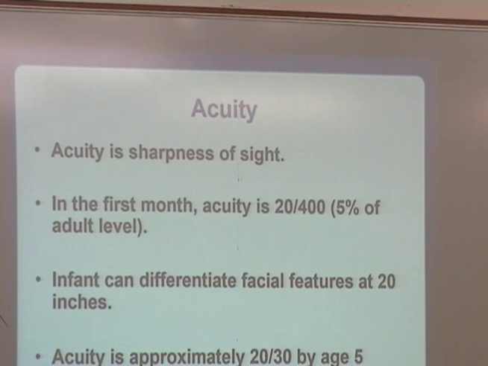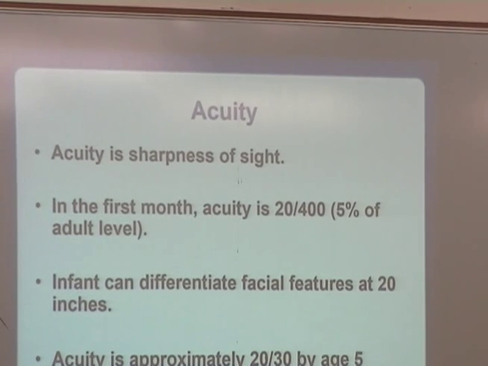One of them is static acuity, one of them is dynamic. So static acuity is if I'm looking at an object that is stationary, how well do I see the detail in that object? Dynamic acuity is how well do I see detail in an object that is moving. All right, what's the sharpest detail that I can see in that object?